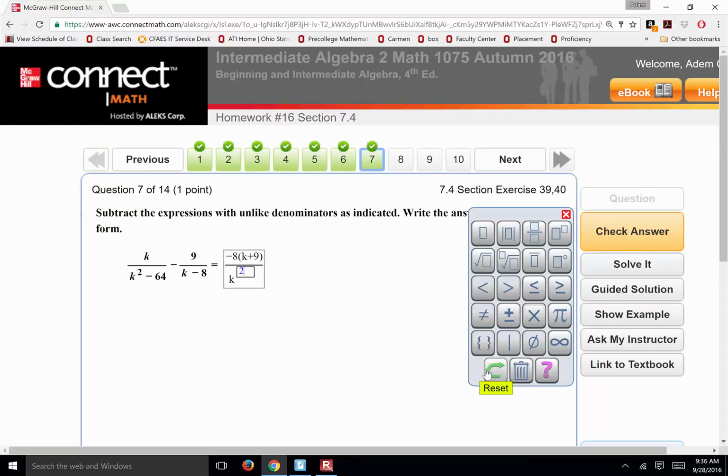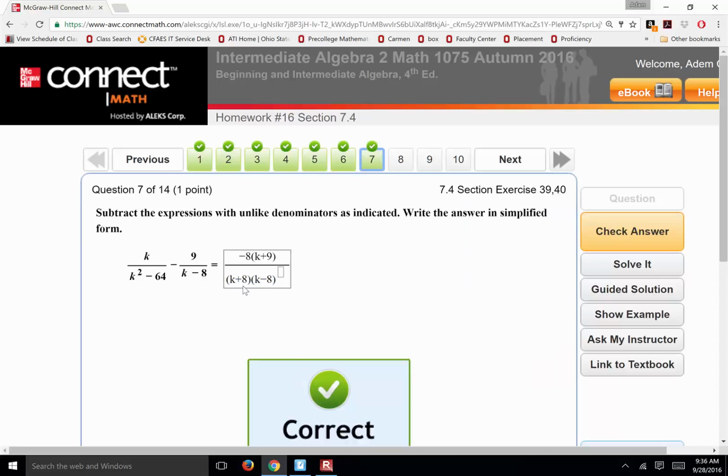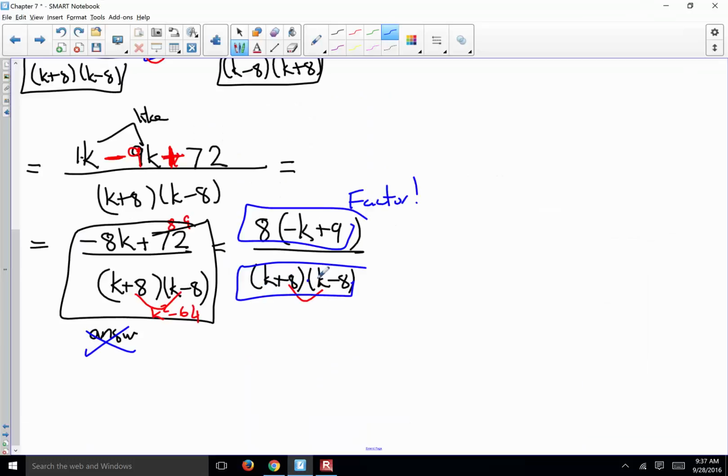Let me check two as well. k plus 8, k minus 8. Let's check. It liked the bottom. You don't have to do anything on the bottom, but they want the top factored.